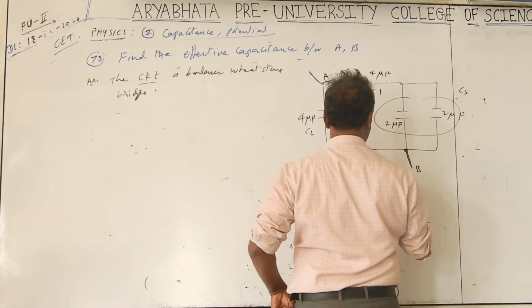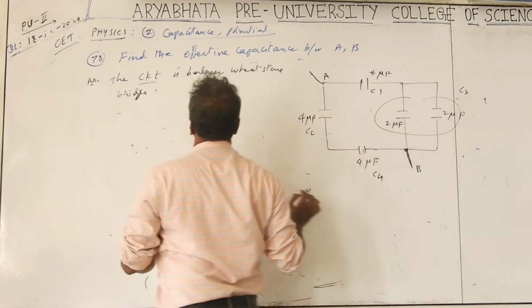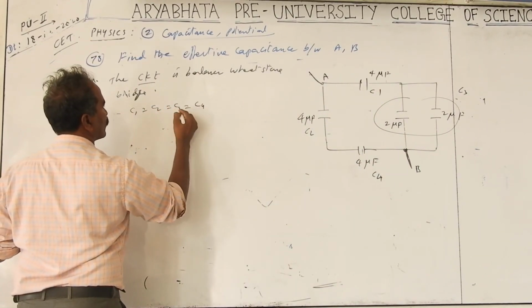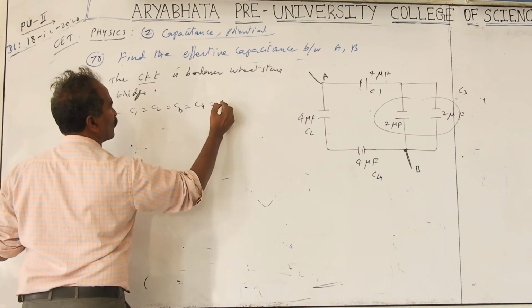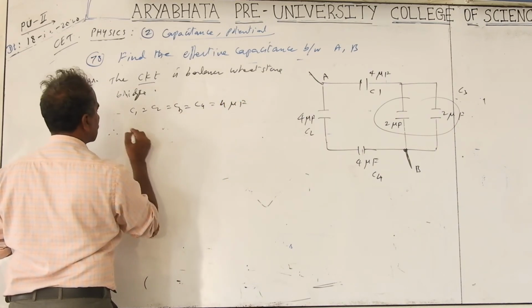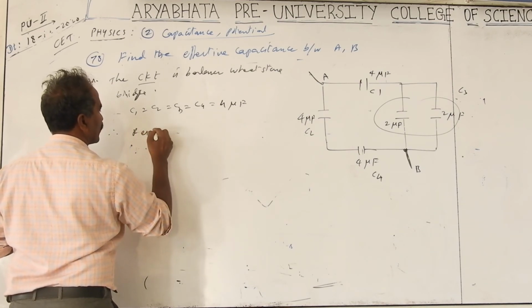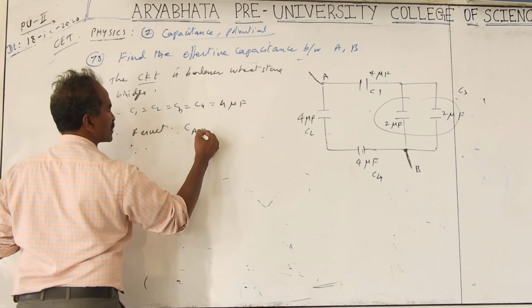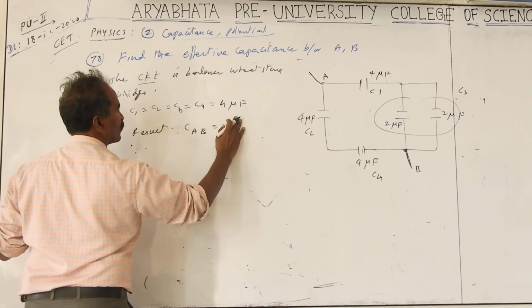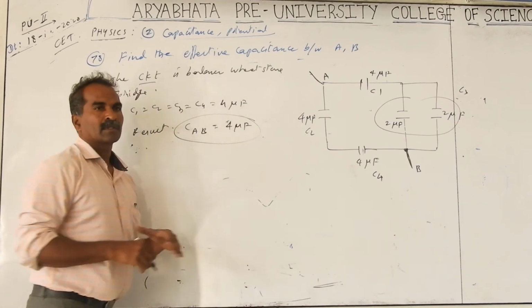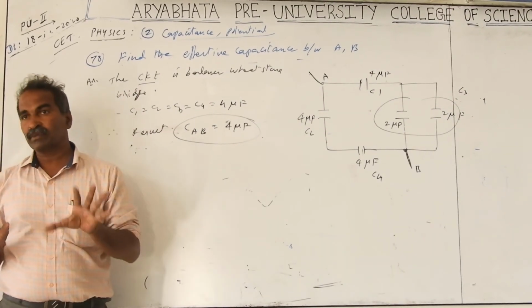Order is not necessary. What you have is all equal. C3 equal to C4 equal to 4 microfarads. Therefore, the resultant CAB is the same value, 4 microfarads. You need to analyze it. Most of the cases you will be given like that.